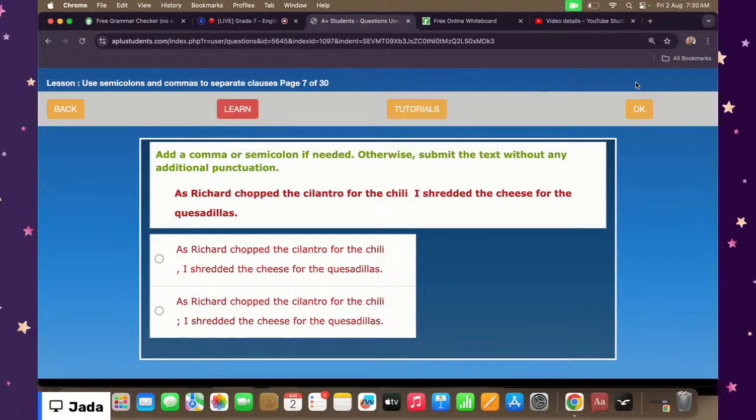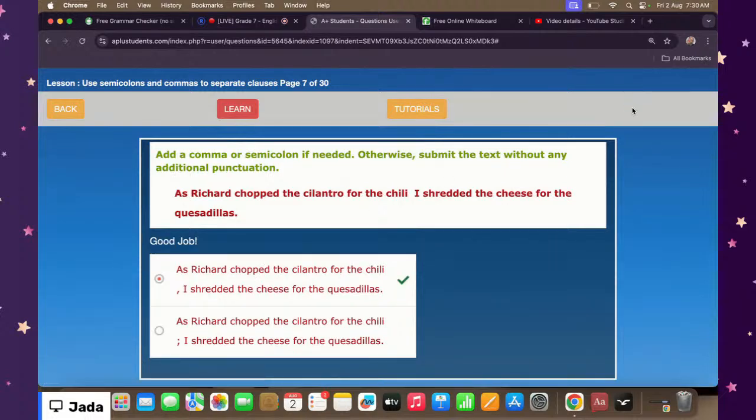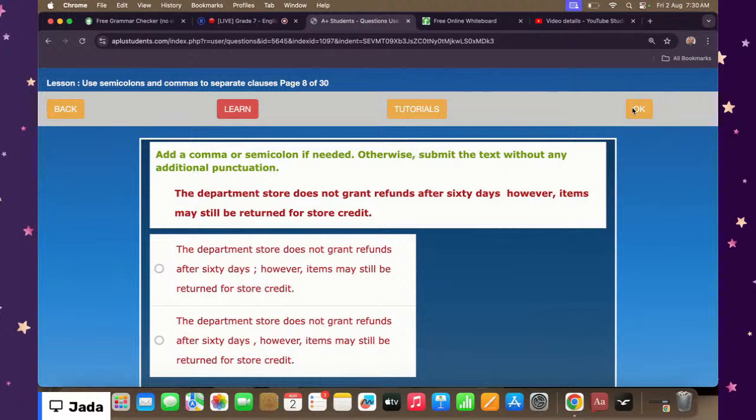"As" is starting the sentence. Is "as" used for the dependent clause? Of course, you have "as," so it's a subordinating conjunction. So you need to have your comma.